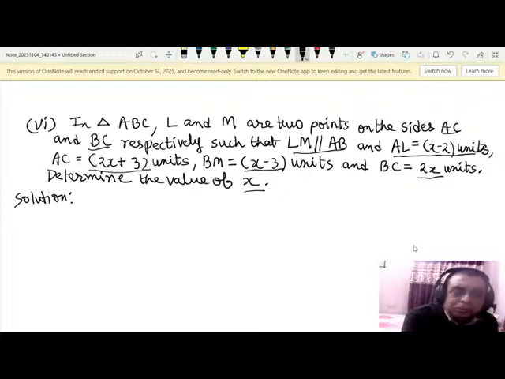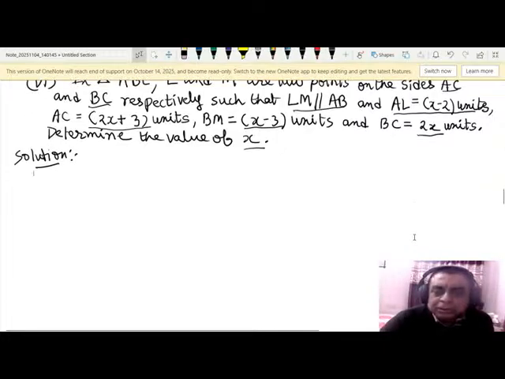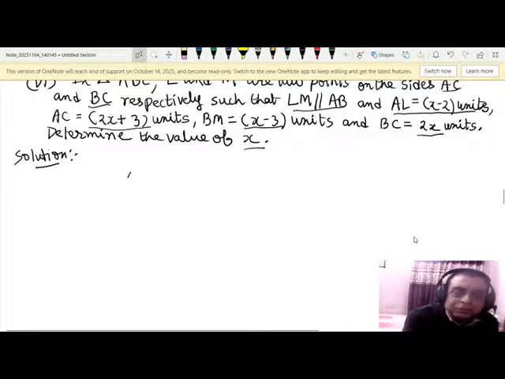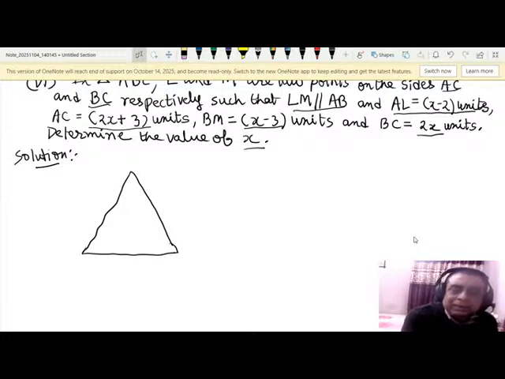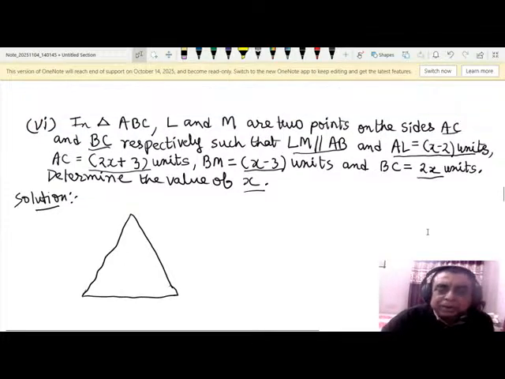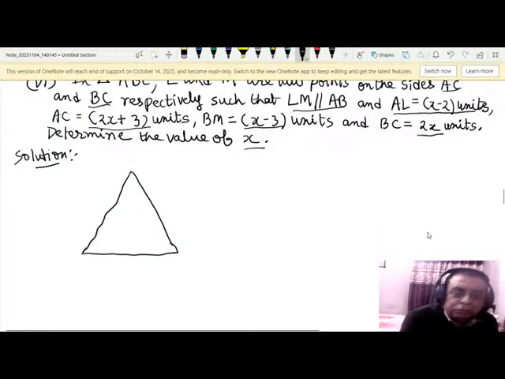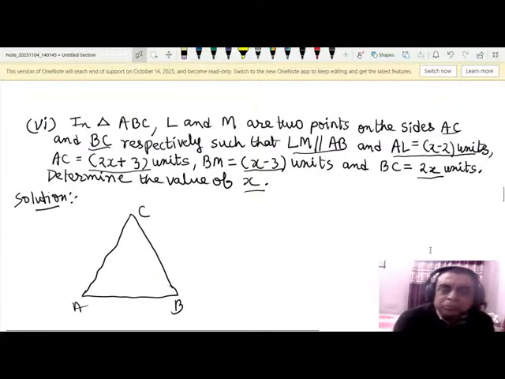Okay. So first we will draw the required figure. So in the question we are told there is one triangle. The triangle is being mentioned by ABC. So call these points A, B and C. Now what we are told more, L and M are 2 points on the sides AC and BC respectively.